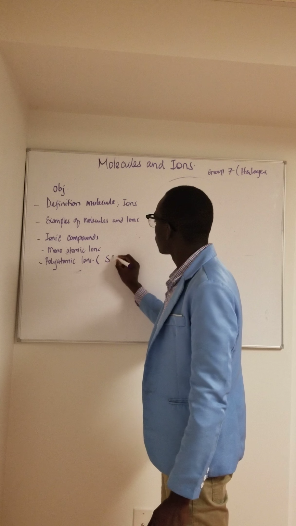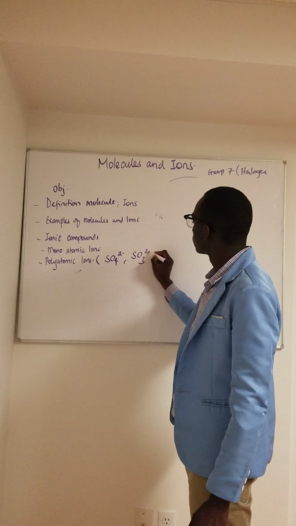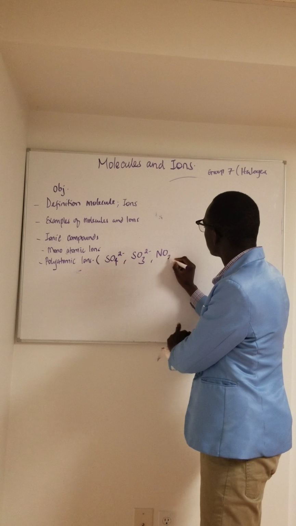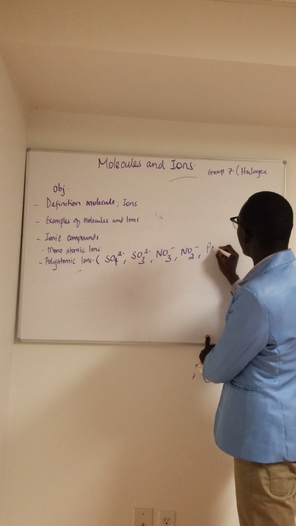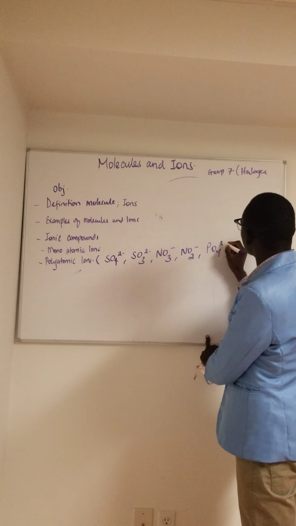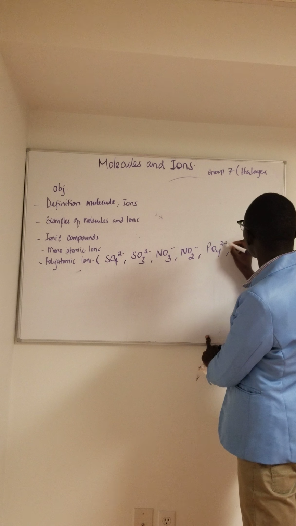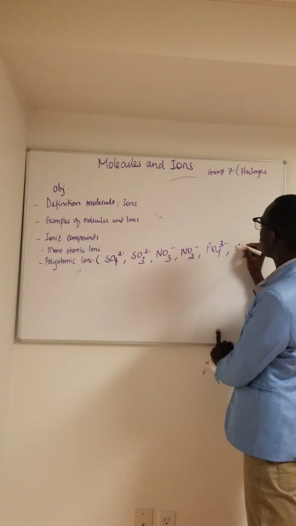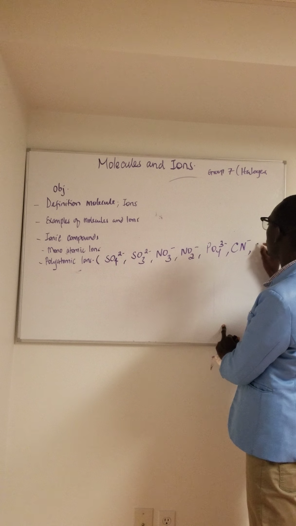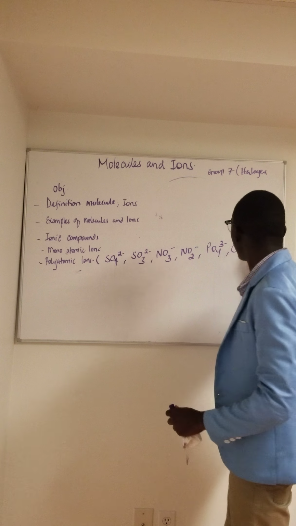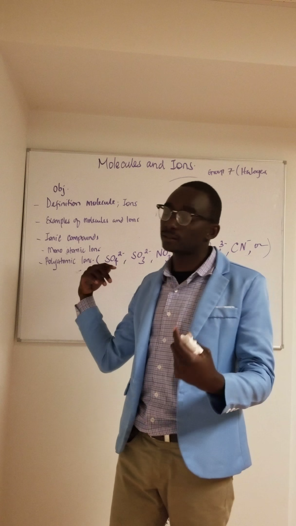We have the sulfate, the sulfide, the nitrate, the nitride, the phosphate, which is 3 minus, the cyanide, and so on. There are really so many of them, and we shall look at them in further topics.